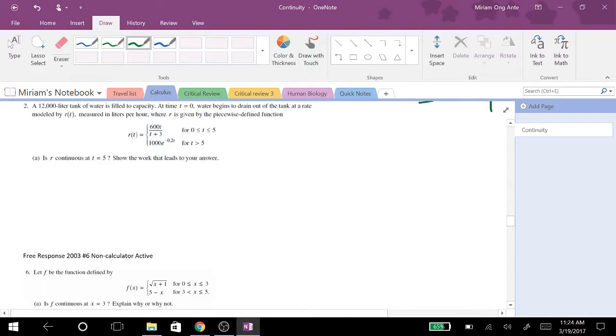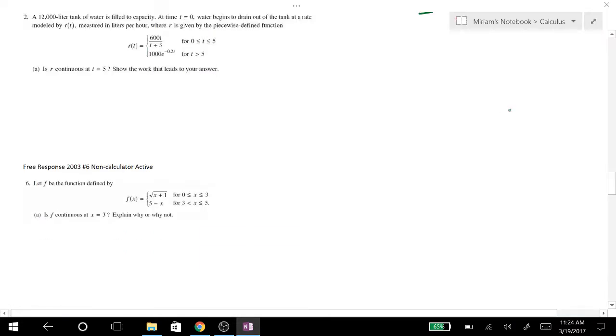So you can type this in the calculator and see if it is continuous. Same steps. So I'm going to say limit as x approaches c on the left of r of t. Is it equal to the limit as x approaches c? Well, c here is 5 specifically, right? So 5 from the right of r of t. Okay?